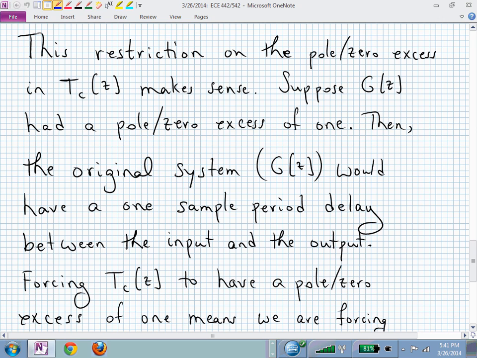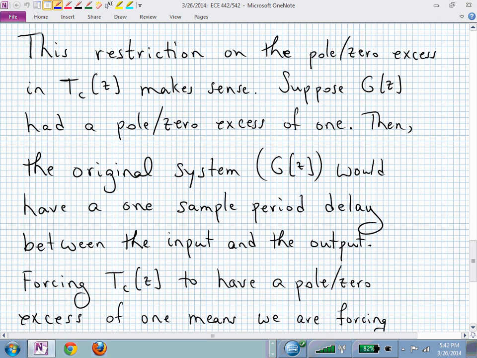That means if your denominator was third order, what's your numerator order in your plant, G of Z? This isn't hard, but just keep track. You have a second order numerator and a third order denominator, so a pole zero excess of 1. That's what G of Z looks like, what you've found from your model, from your zero order hold equivalent. G sub C of Z has a pole zero excess of 1, one more pole than zeros.